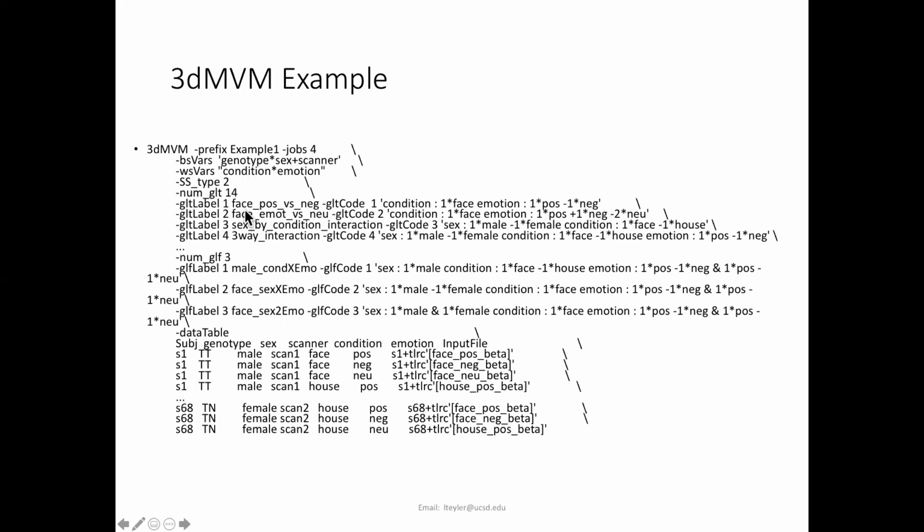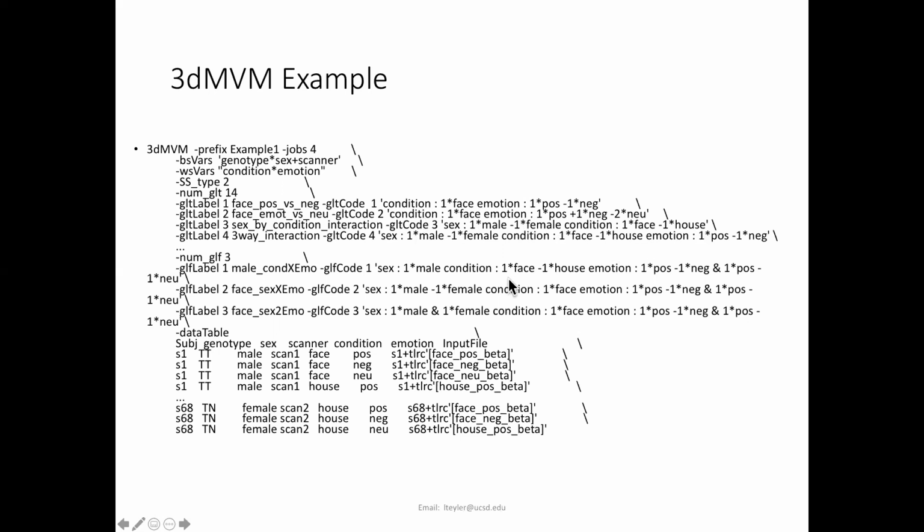And then they go on to actually talk about all the different contrasts and specify what they want. For example, here's an interesting one, the sex by condition interaction, testing whether there are differential effects of the condition in males versus females. They code that to say that 1 is male and -1 is female, and 1 is face and -1 is house.